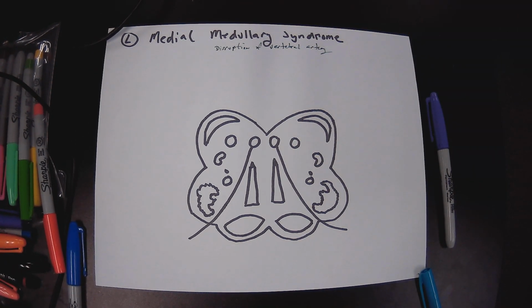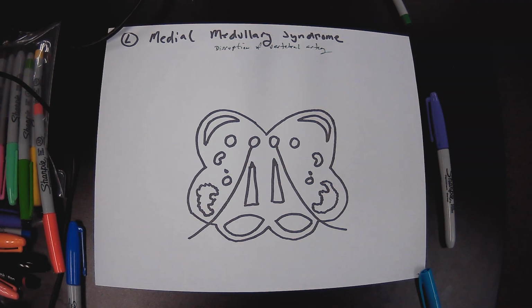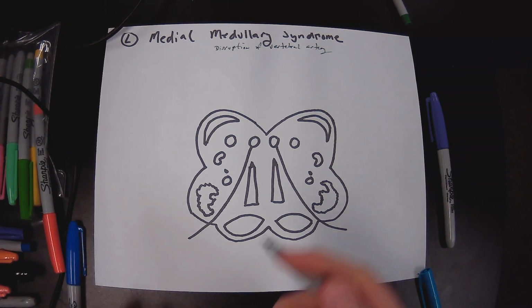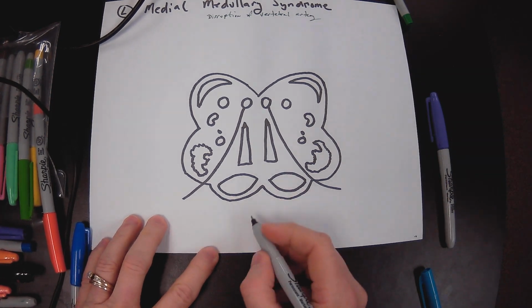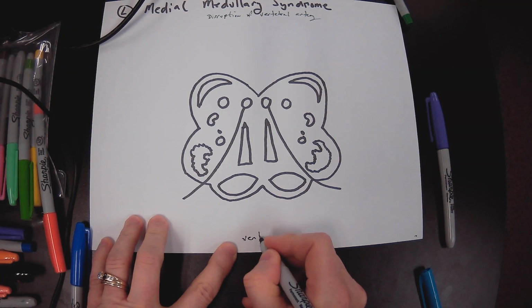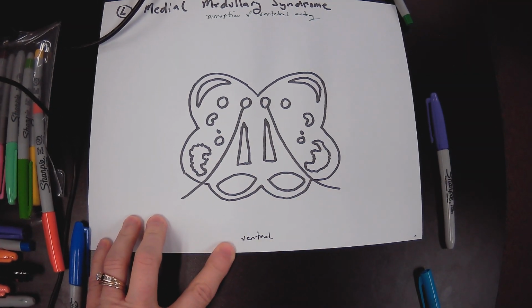Okay, and I'm just going to go ahead so we can label this. This is a cross-section through the medulla. Thinking about labeling it, as always, this is going to be ventral. I know that because I know that the cranial nerves exit ventrally.